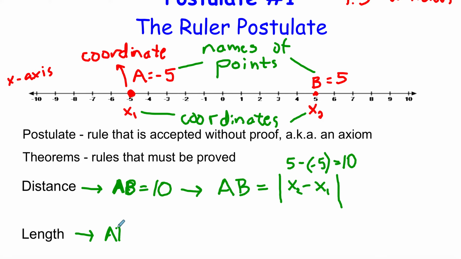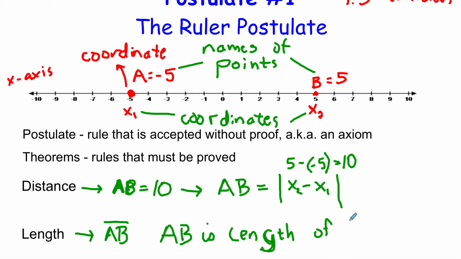Remember, how do we denote segment? We denote a segment like this with a little bar over it. So we could say that AB, which means the distance between points A and B, is also the length of segment AB, right?